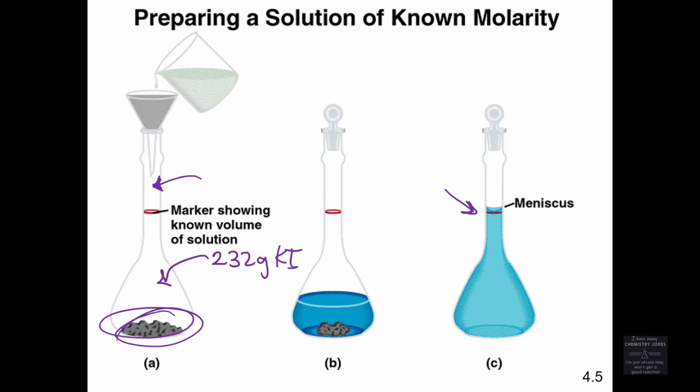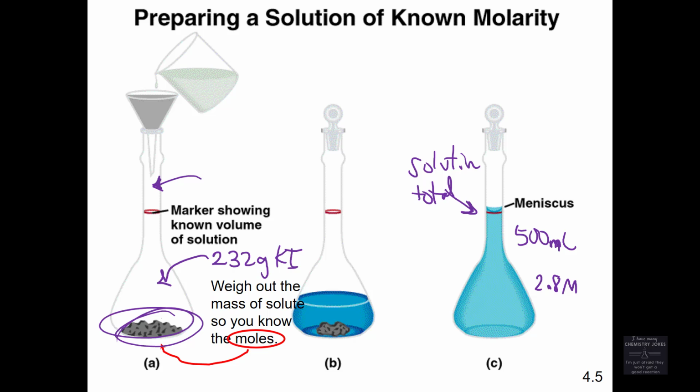Because the solution total, that's solute plus solvent, needs to be our known quantity. 500 milliliters is what our last example talked about. If we choose a 500 milliliter volumetric flask, we now have a solution that's 2.8 molar KI, if we had put 232 grams of KI in there and diluted it to a total volume of 500 milliliters.